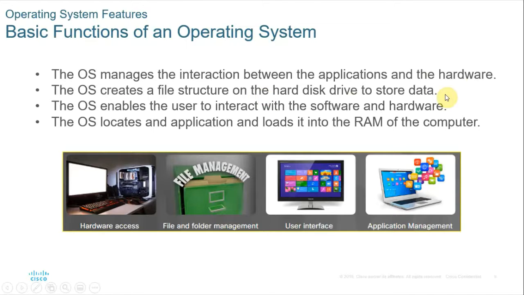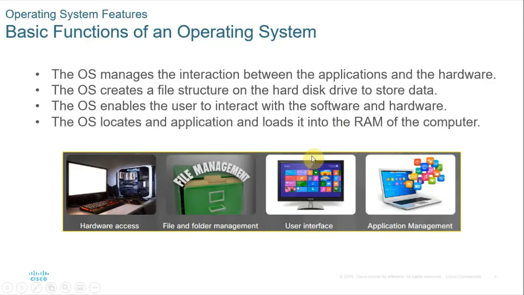I hope all of you know where you are storing your data and information, like the C drive and D drive in your computer. The OS enables the user to interact with the software and the hardware. The OS locates an application and loads it into the RAM of the computer. Whenever you want an application, it will be loaded into your memory.